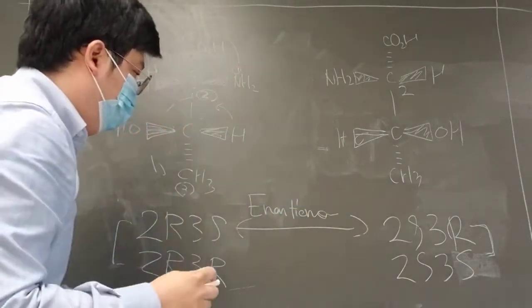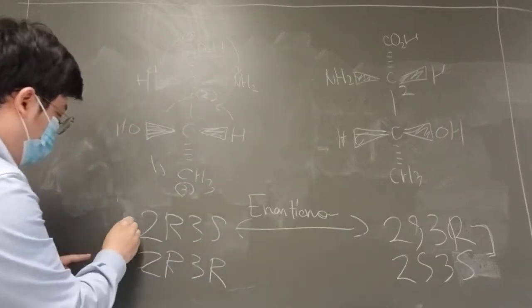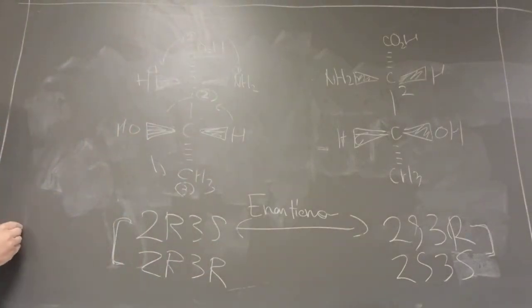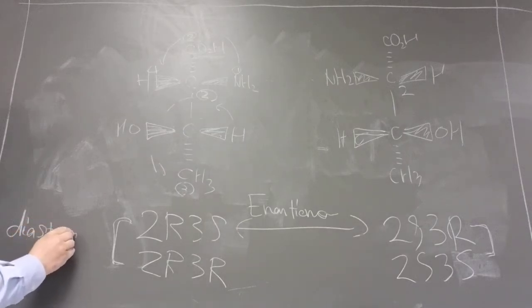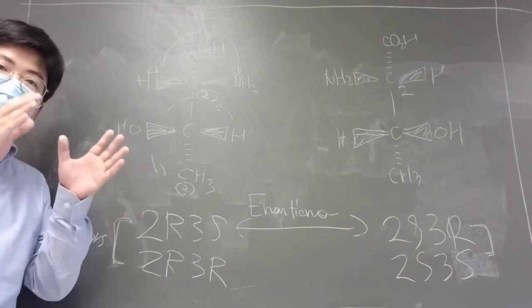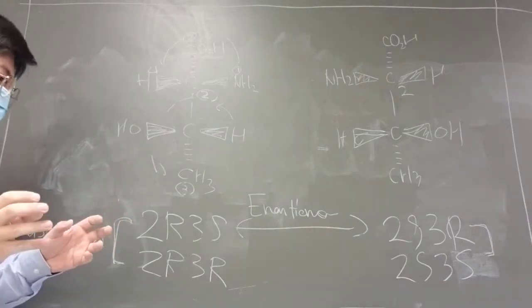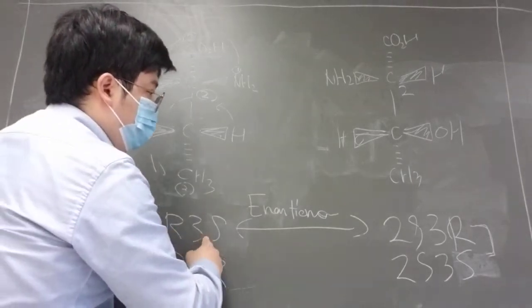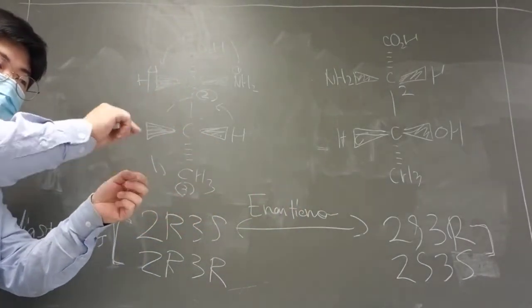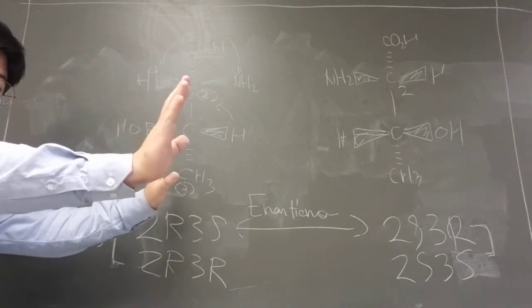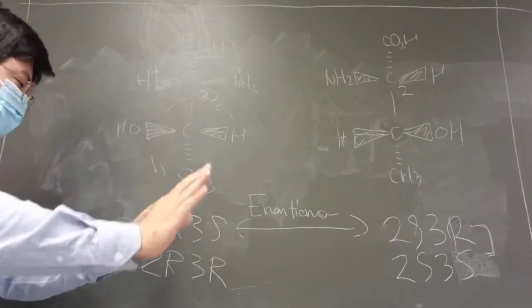But those two are in the relationship of diastereomers. They're somewhat similar in one chiral center, but the other chiral center is different, opposite. If all chiral centers are opposite on all carbons, the two are mirror images of each other, meaning enantiomers.